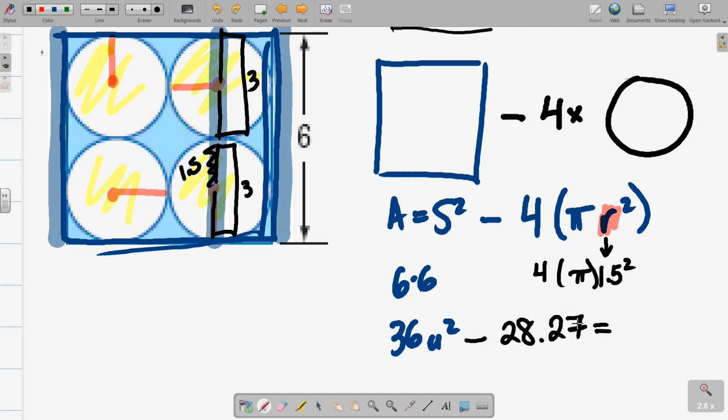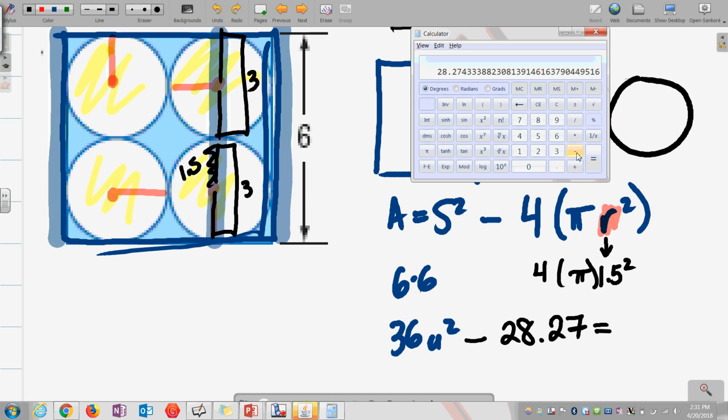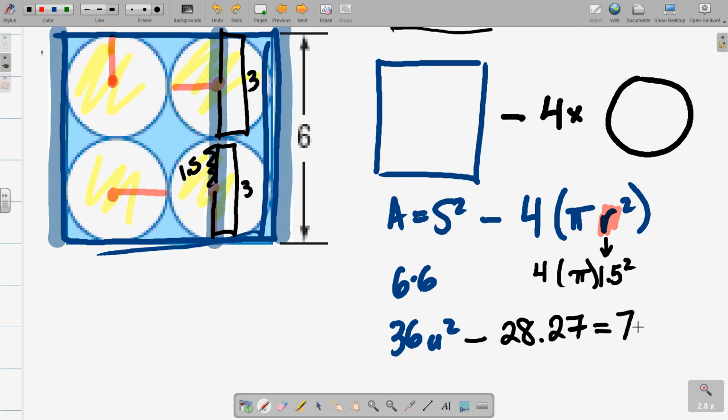To find the shaded region, now we simply subtract from 36. We get 7.7, take it to the second decimal, 7.73. Units squared. Box that, label it. That is the shaded region.